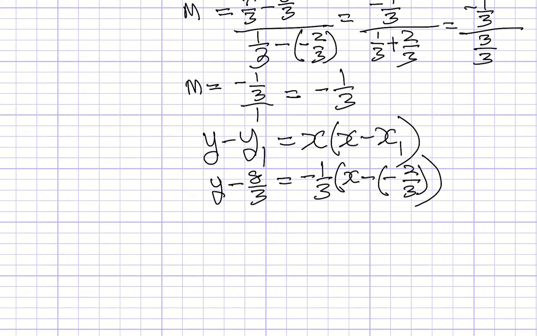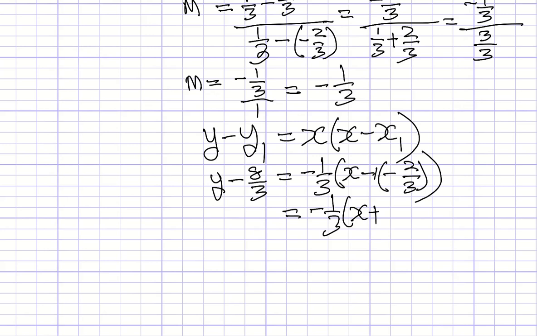Okay. So now we'll simplify. Once you get all the stuff positioned, then you simplify. The right hand side is minus 1 over 3 x, because we're going to take care of the inner bracket. This is like minus 1 times minus 2 over 3, so it becomes positive 2 over 3. See? You see that, right?